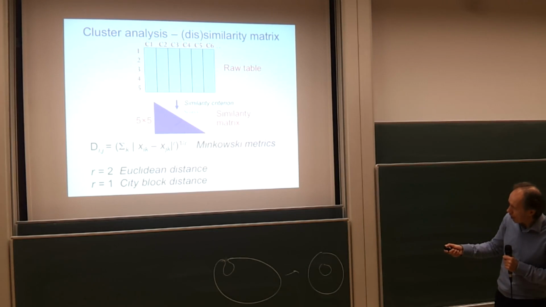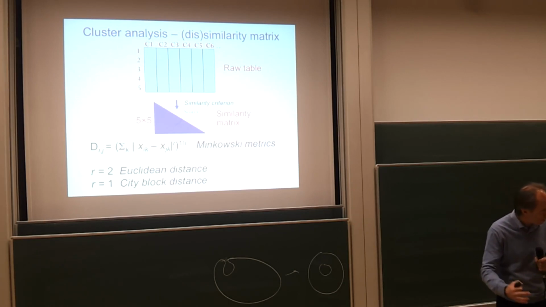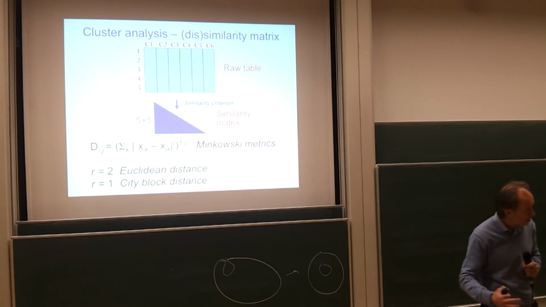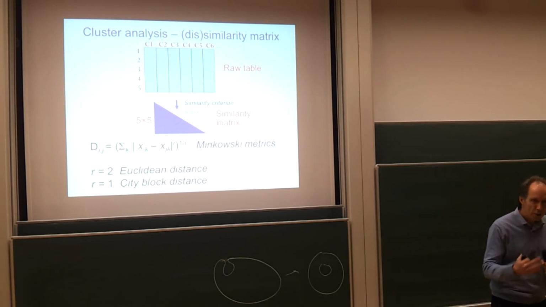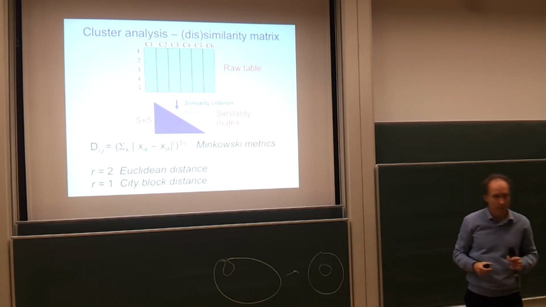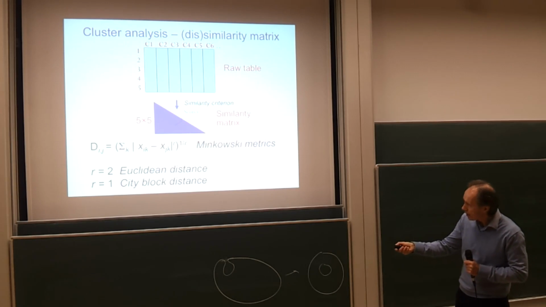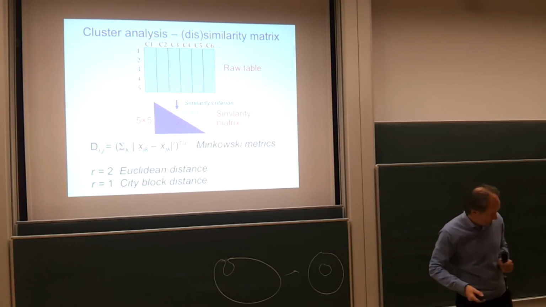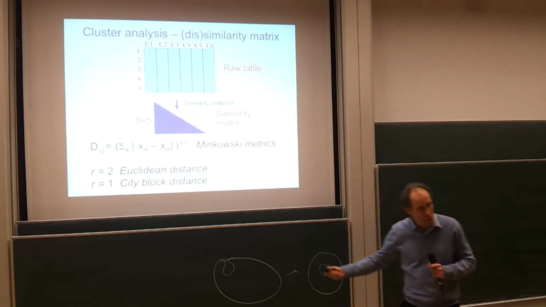Again here, you might recognize, if you learned in school, Pythagoras. Do you remember Pythagoras? C squared equals A squared plus B squared, so C equals the square root of A squared plus B squared, right? That's this, the square root if R is 2. Here you've got city block distance, right? But R could be 3 and 4, and then you get other metrics to calculate the distance.